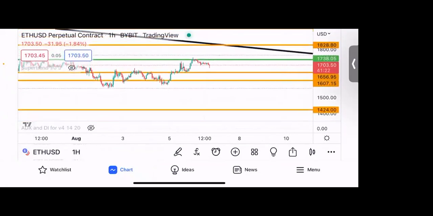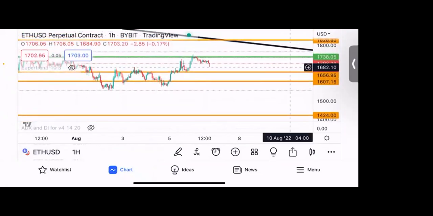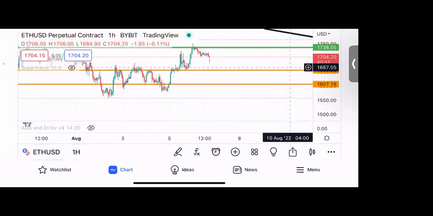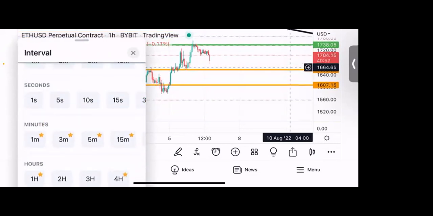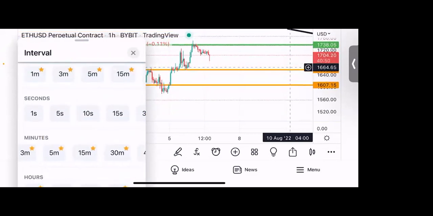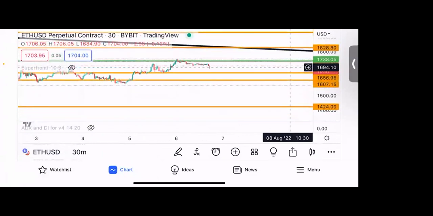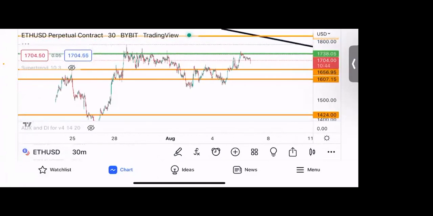She's forming very nice too. Perfect. Then you guys are gonna come into your 30 minutes. Look at that little form. Sheesh. Forming nice and smooth.